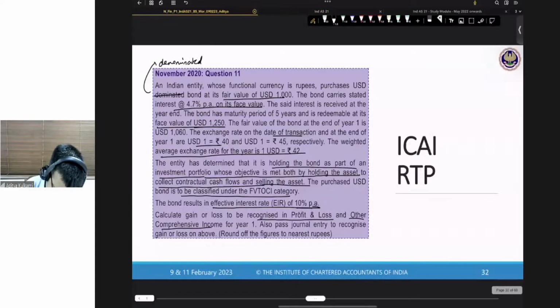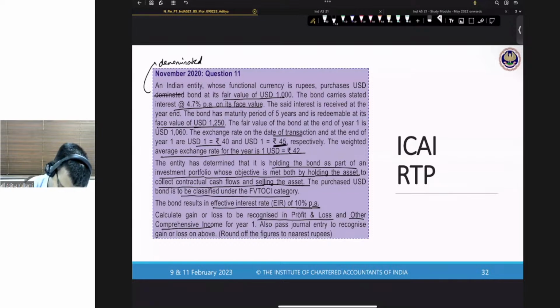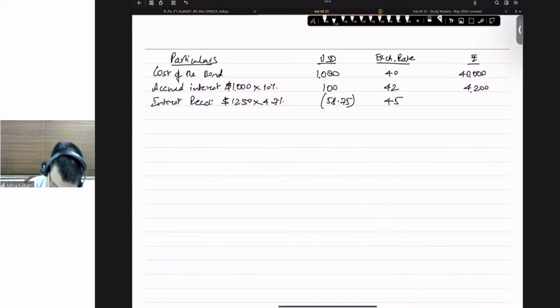This is received, meaning it is a transaction which is happening on the closing, so therefore that is 45. So 58.75 into 45, 2643.75.